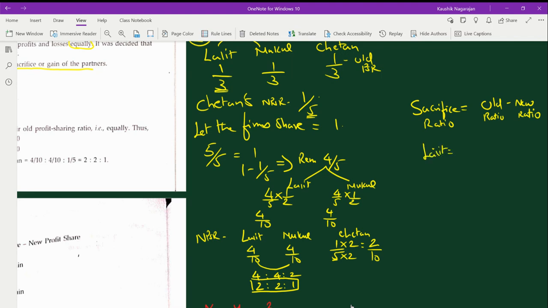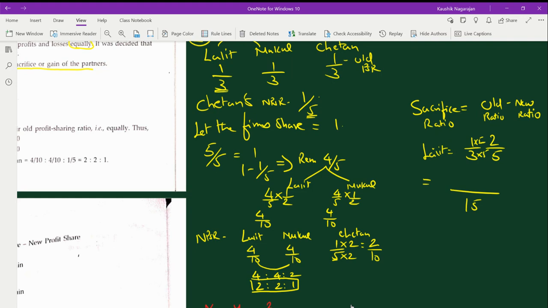So for Lalit, the old ratio was 1 by 3 minus the new ratio, which happens to be 2 by 5. Now when you find the LCM for 3 and 5, it will be 15. So 3 multiplied with 5 gives 15.